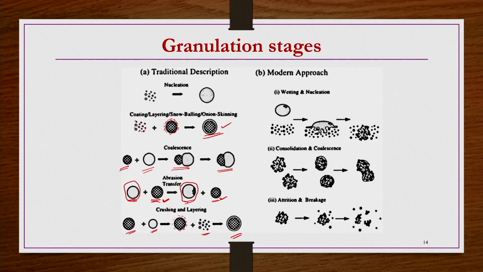So, these are the steps generally considered in the traditional granulation process, but nowadays in modern processes it is done in a slightly different way also. Whatever the small particles, nuclei, fractures are there, here wetting and nucleation takes place. Some kind of solvent or slurry, or let us say a binding agent, you can take.